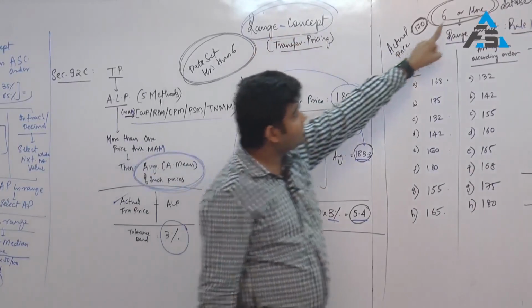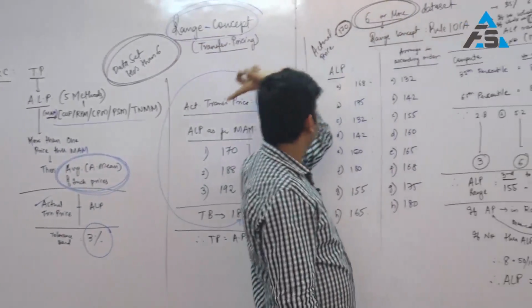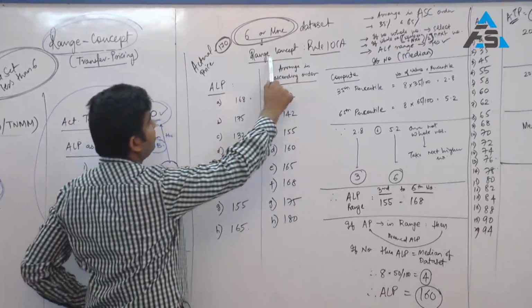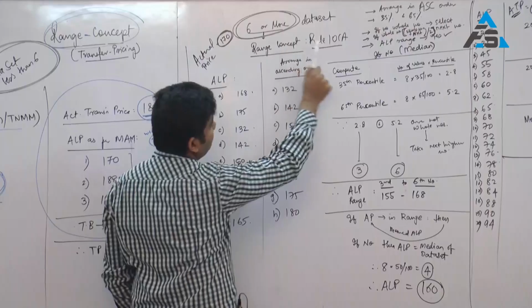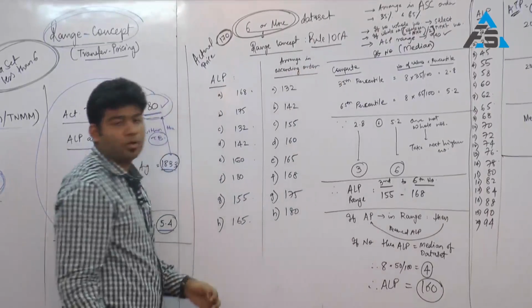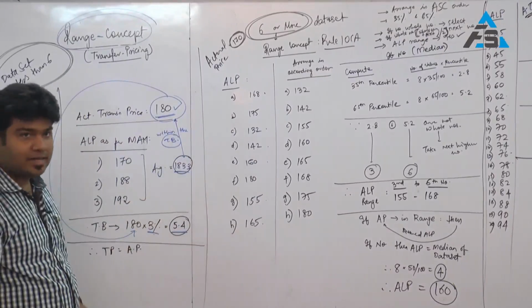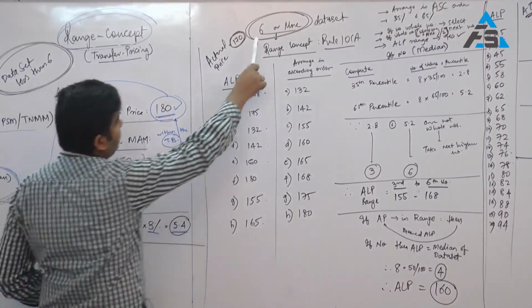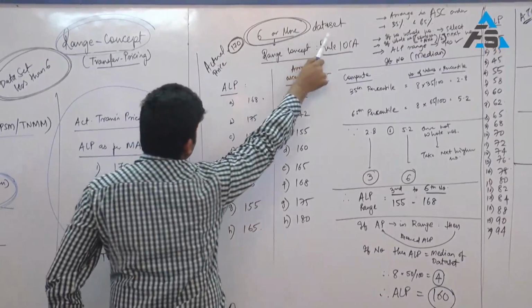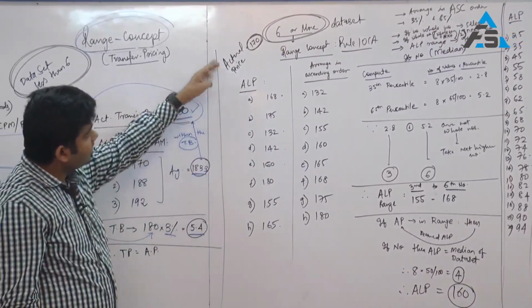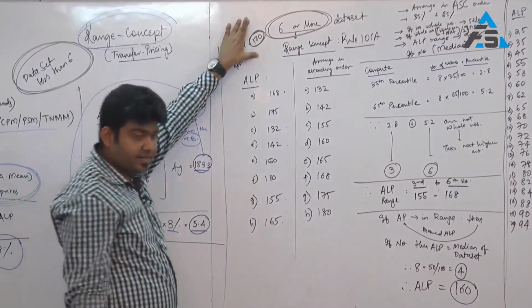So with 6 or more ALPs in the data set, you make use of the range concept. Rule 10CA is what determines that. How do you calculate that? Suppose there are 6 or more data sets of ALP through various methods, and if you see here, my actual price is 170.